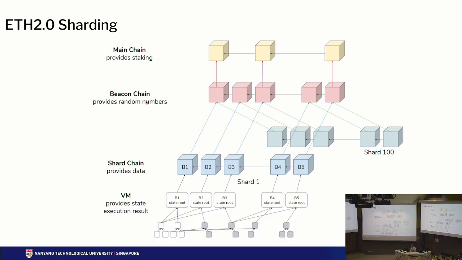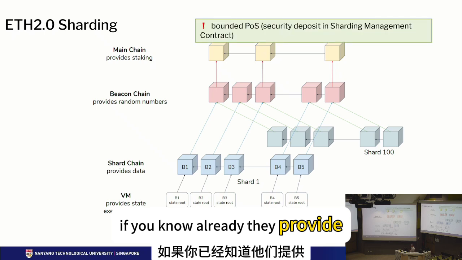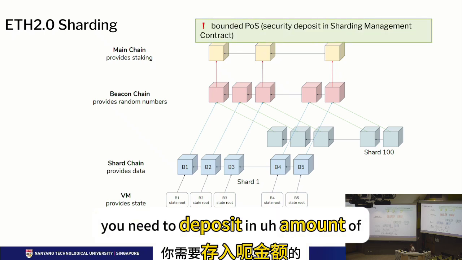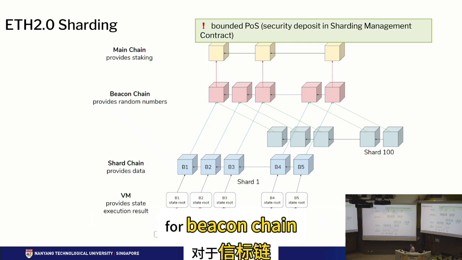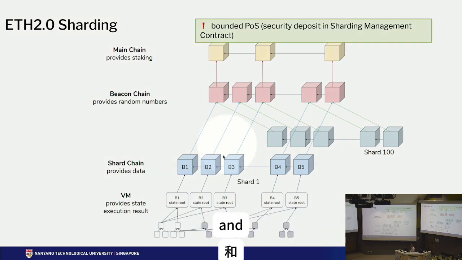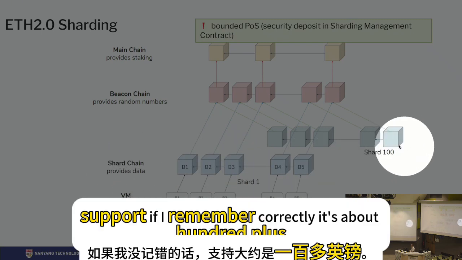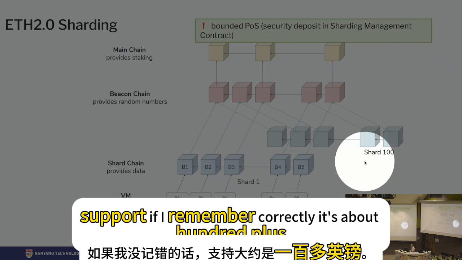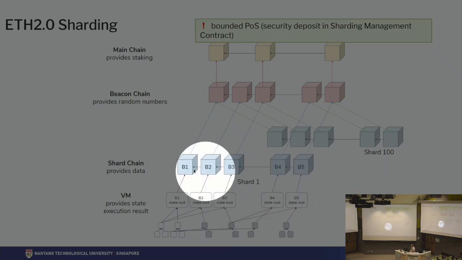If you know already, you need to deposit an amount of ETH on the validator side, like 32 ETH, so that you are able to be a validator for the beacon chain. The initial plan was to support, if I remember correctly, about 100 plus shards for ETH 2.0.